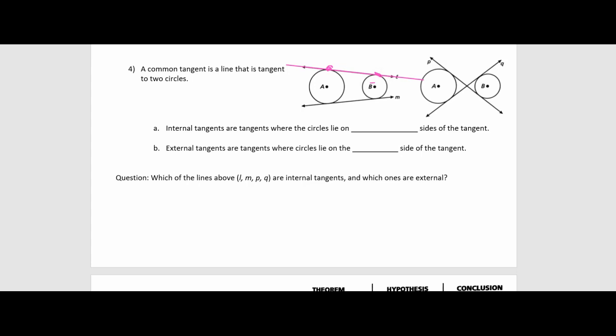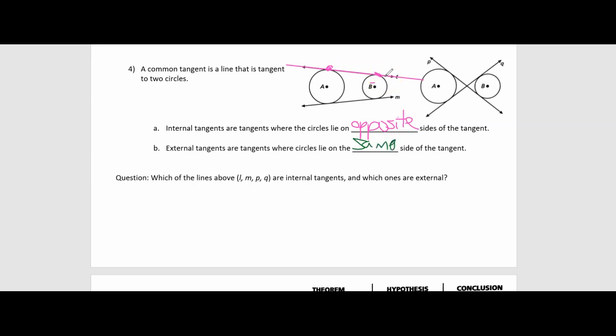These are tangents where the circles lie on opposite sides of the tangent. And you can have external tangents where circles lie on the same side.